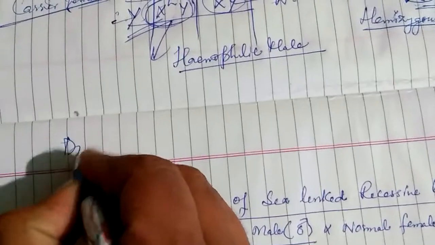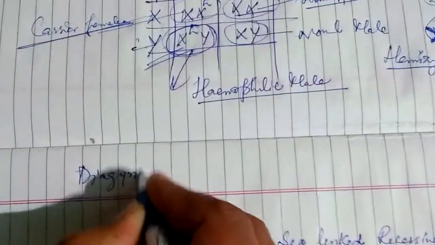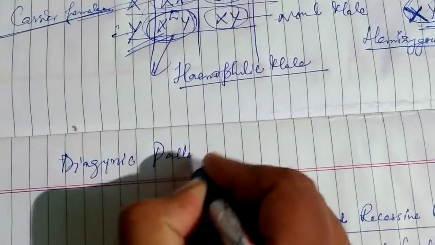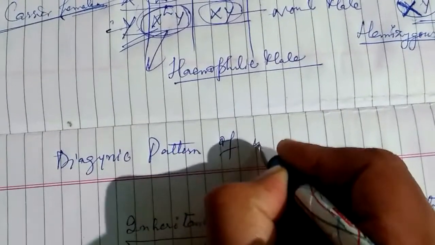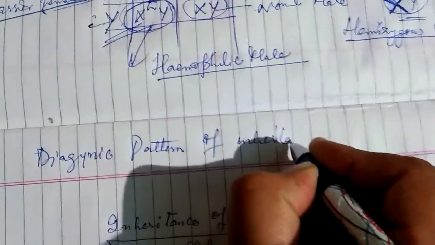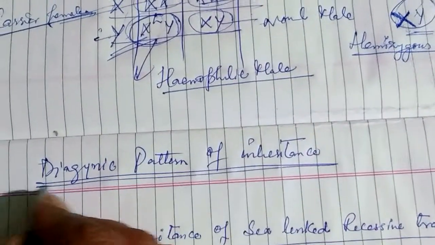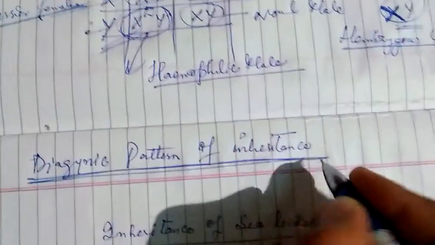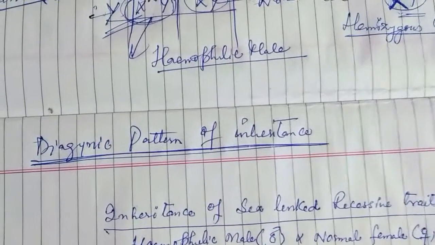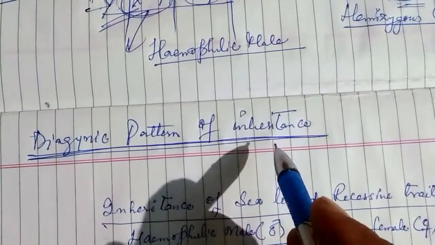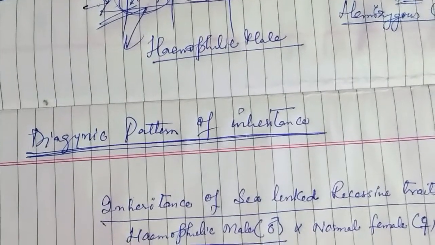is known as diagynic pattern of inheritance. By diagynic we mean dia means through, gynic means females, meaning the trait of hemophilia gets transferred from first generation males to half of the third generation males through second generation carrier females.